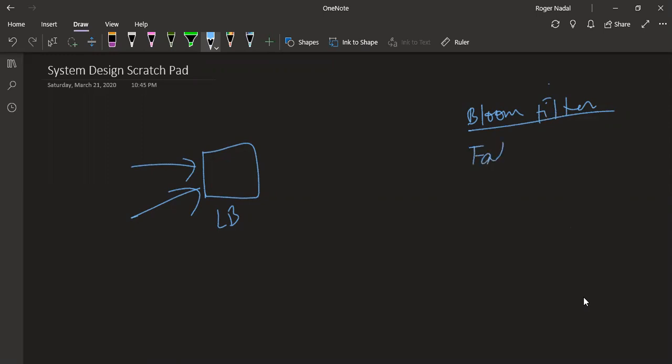If I am saying something is not there, this is right. False negative, not possible. But if I am saying that this is in your set, then it may not be there. So false positive is possible.